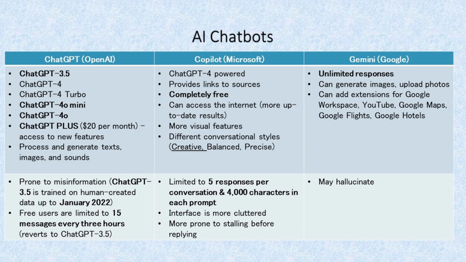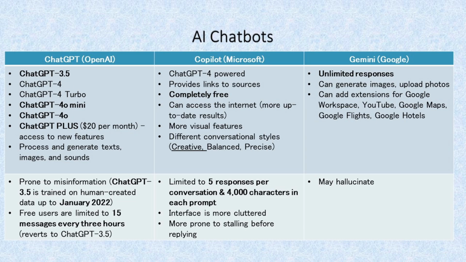After reaching your GPT-4o Mini limit, your chat session reverts to GPT 3.5. It is limited to generating conversational text and information only until January 2022, which makes it prone to inaccuracies when discussing recent events.